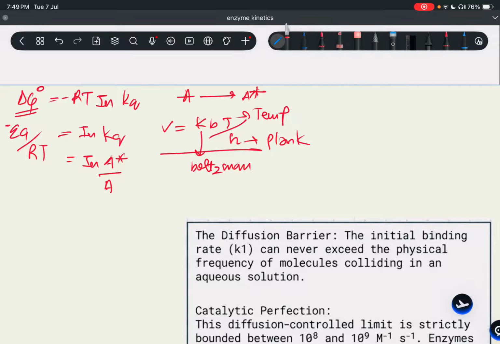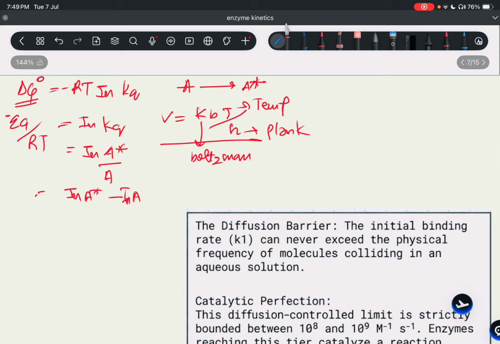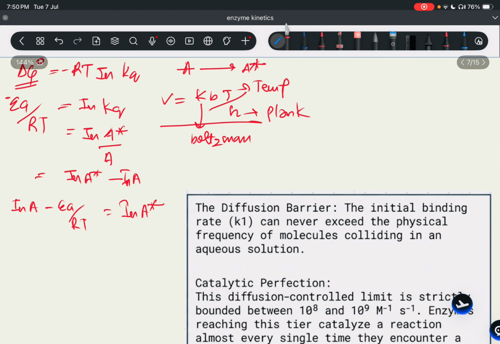Not an issue. Now let's remove this ln. I guess there is no issue in this.